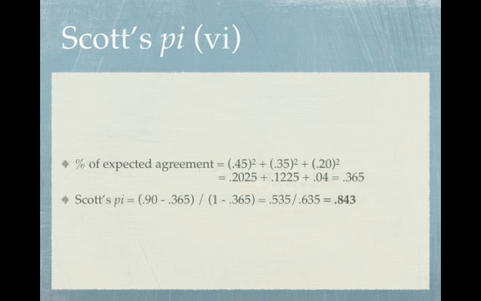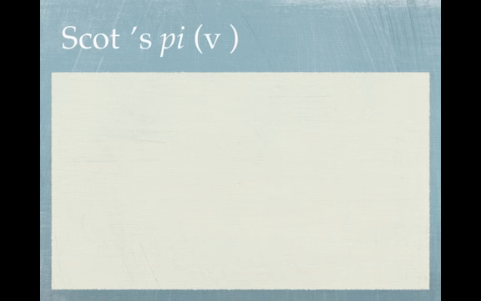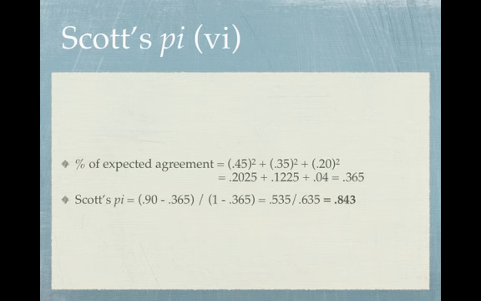And for the percent of expected agreement, what we do is we take these joint marginal proportions and we square them and sum them. So the percent of expected agreement here comes up to 0.365. Try to do the calculations yourself as well.